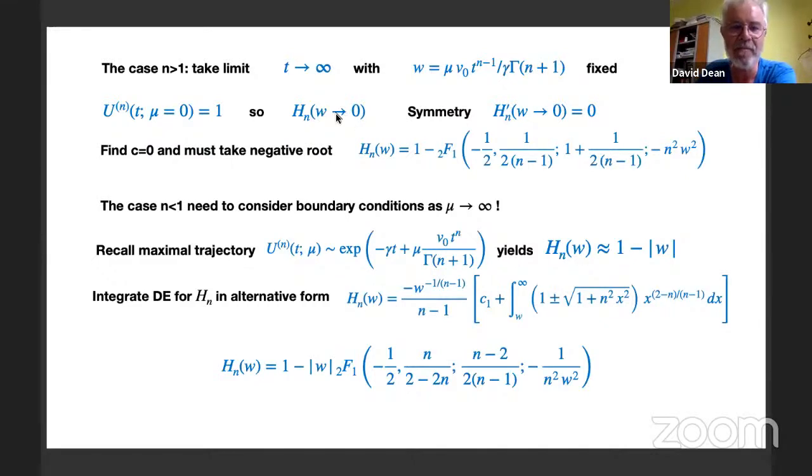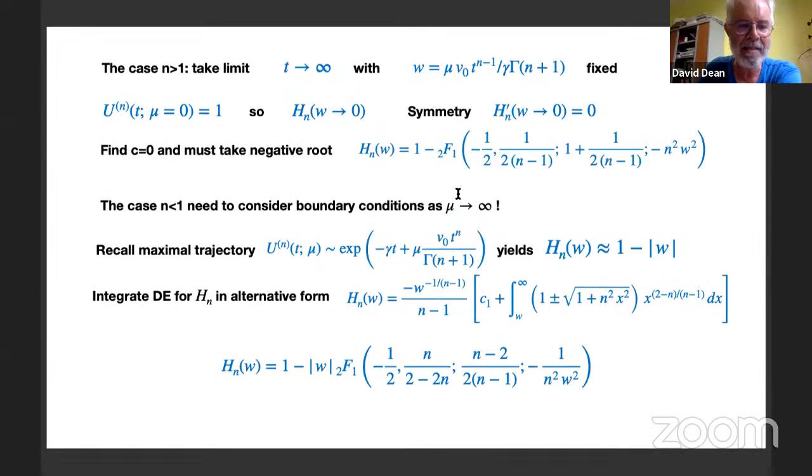So h_n of w as it goes to 0 actually should be equal to 1, that's a mistake here. And by symmetry, the derivative at the origin should disappear. Using these facts, you manage to find that c is equal to 0, and you have to take the negative root. Okay, so you find this full form for the Legendre transform of the full large deviation function.